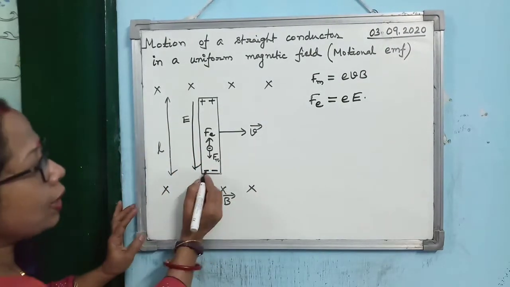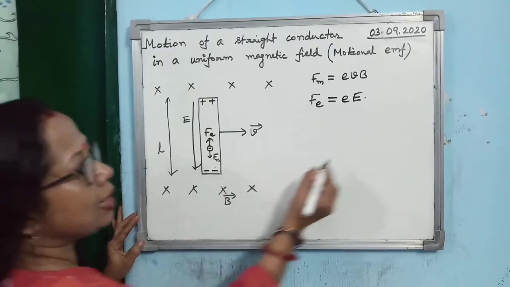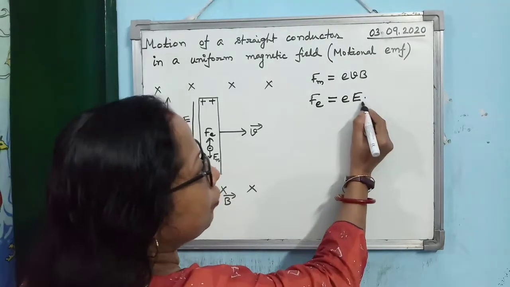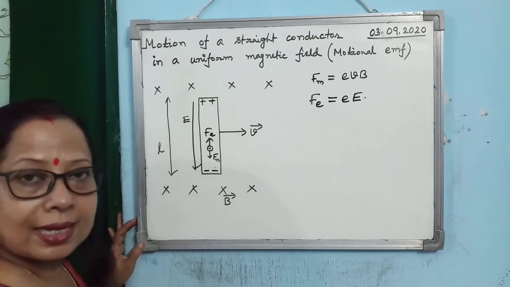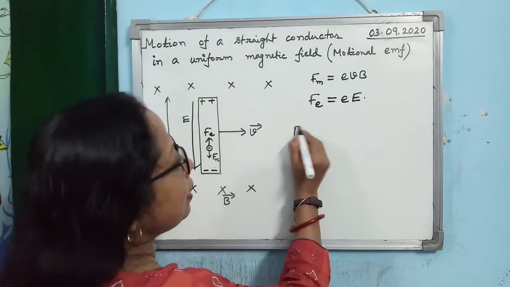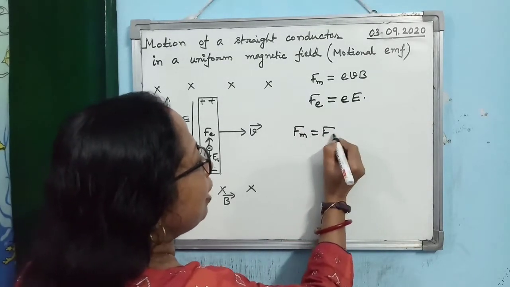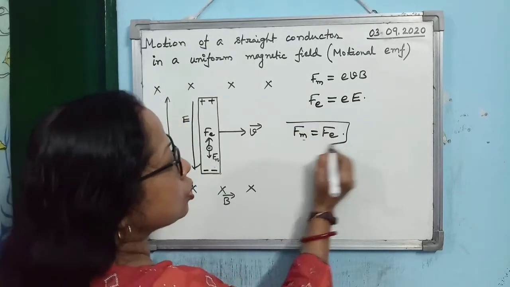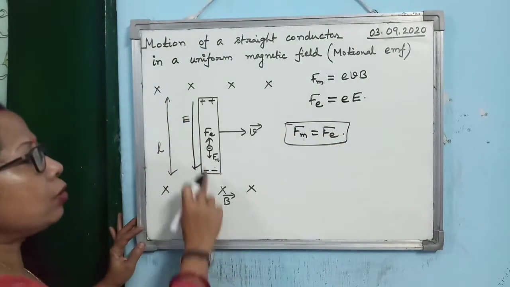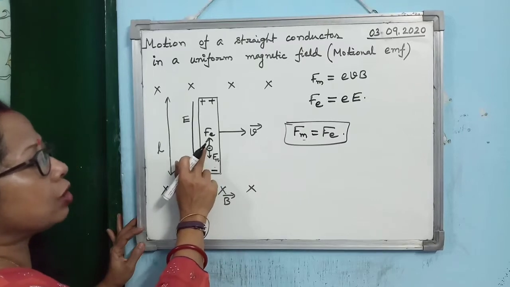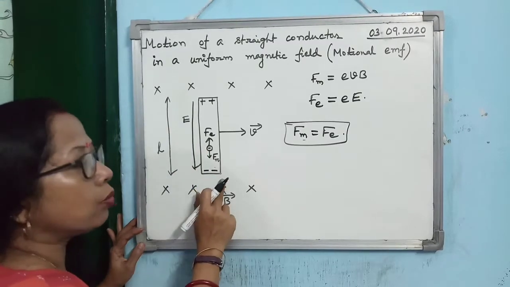More and more electrons will accumulate here, which means the value of the electric field will increase with time. One time will come when Fm and Fe become equal. Then electrons will no longer move in the downward direction.